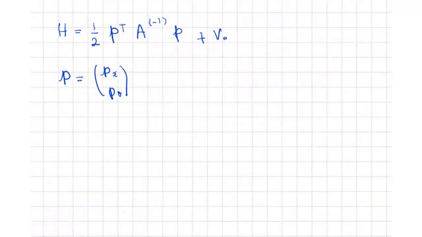Here we have the Hamiltonian in terms of the generalized positions and generalized momenta. That's why we write this P as the column matrix like this, and PT would be the transpose of this matrix, so it would be Px P theta.